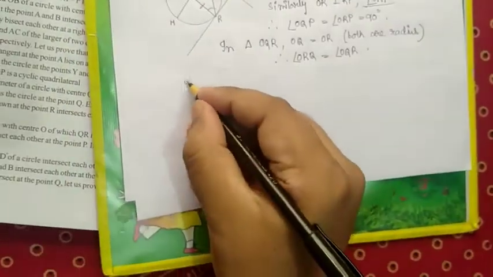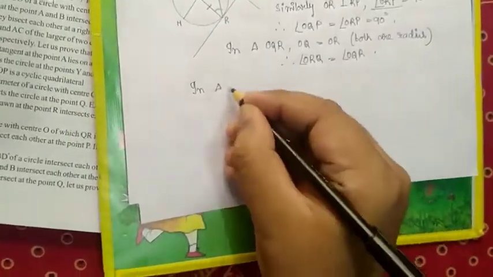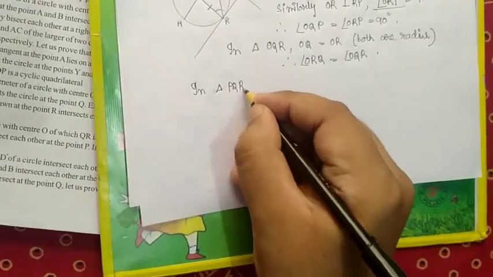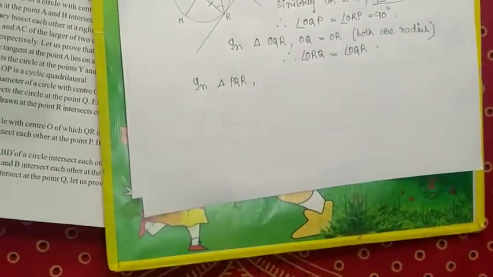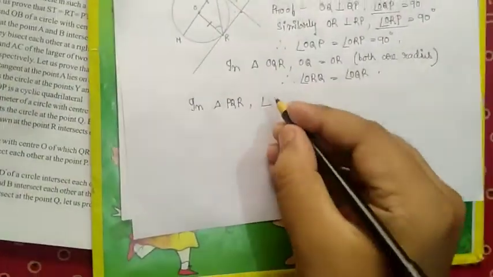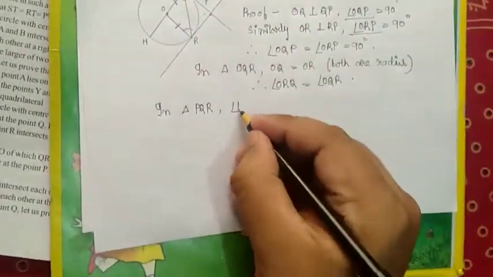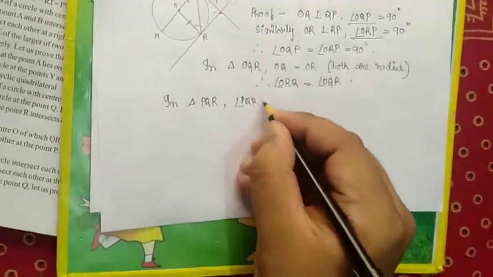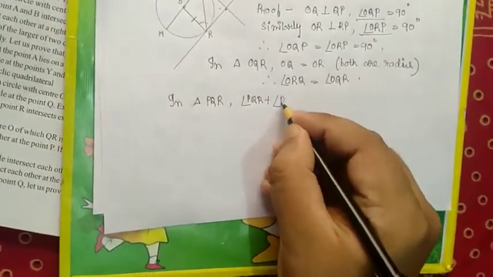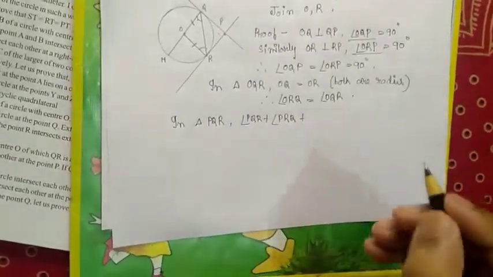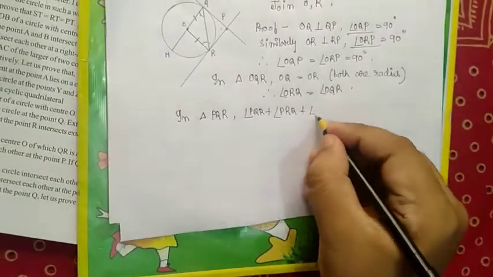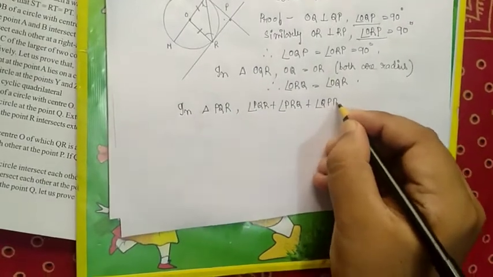Now in triangle PQR, angle PQR plus angle PRQ plus angle QPR equals 180 degrees.